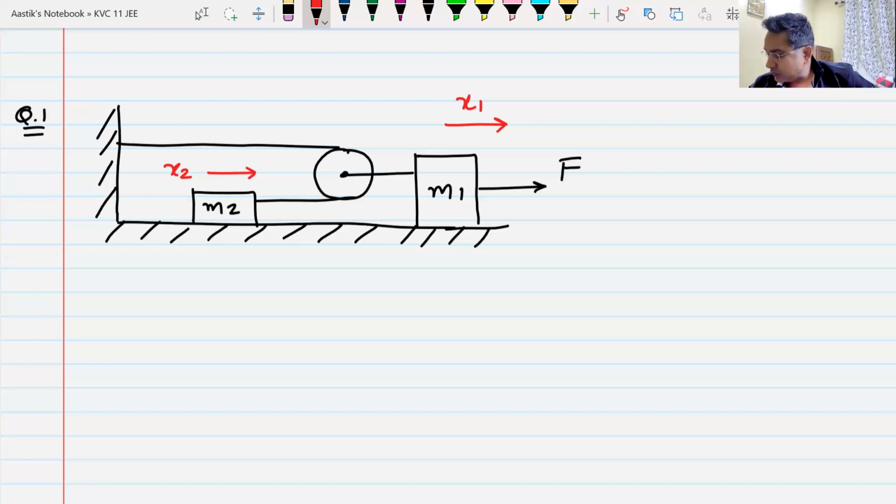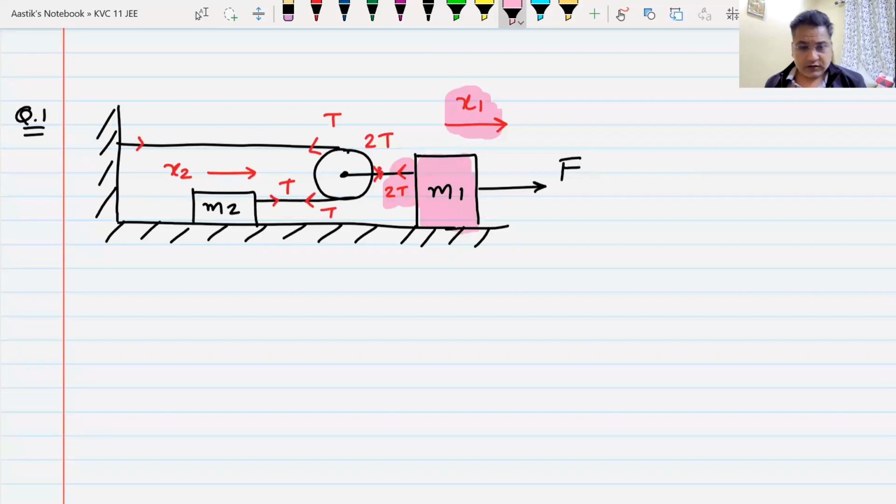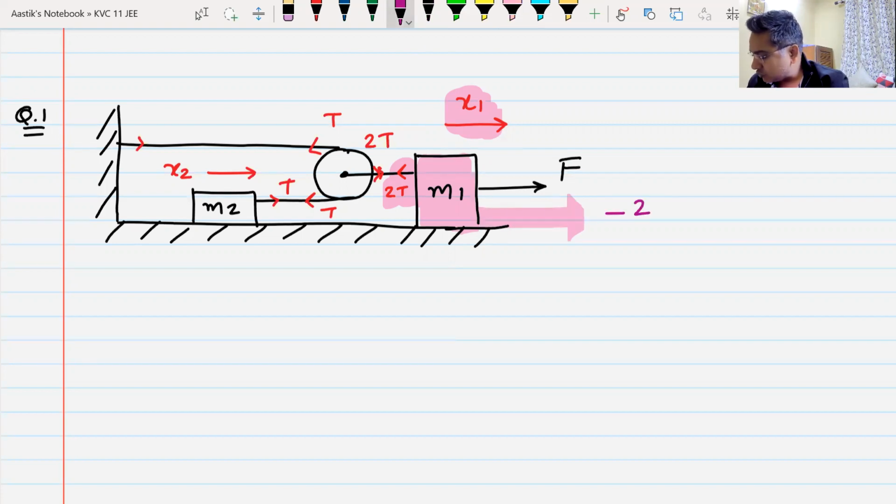I see here 2T and I see here x1. So I can write 2T into x1. 2T is in this direction. x1 is in this direction. So the work done by tension for this block would be minus 2T into x1.